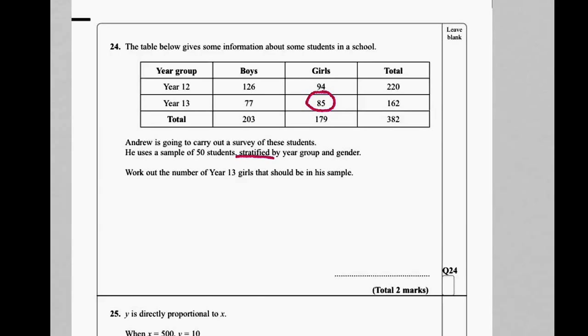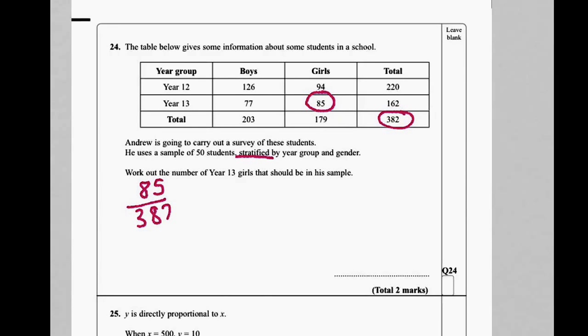What I need in a stratified sample is for the same proportion in the whole population to be represented in the sample. So there are 85 out of 382. That's the proportion of girls in the actual population, and I want this same fraction to be represented in the sample. So I'm going to just take this fraction of 50.